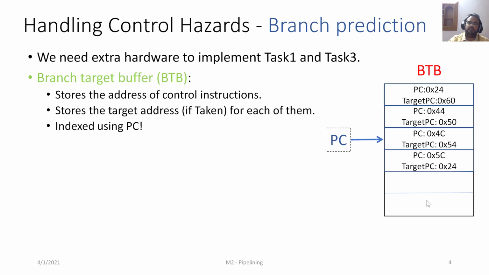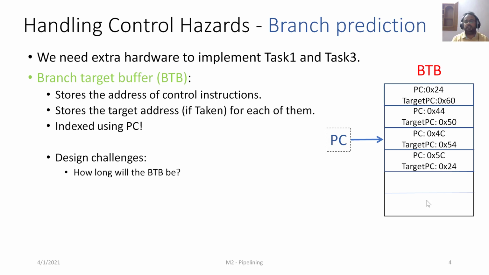Okay, using this BTB in the fetch stage itself, we will know whether the instruction we are fetching is a control instruction or not, and if it is a control instruction, what would be its target address. So some of the design challenges in the BTB would be how long should this BTB be? Some programs can have fewer control instructions.